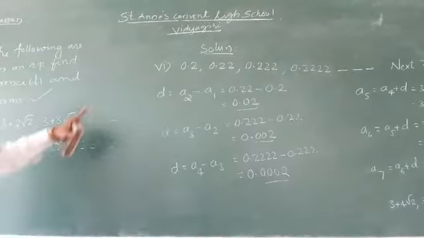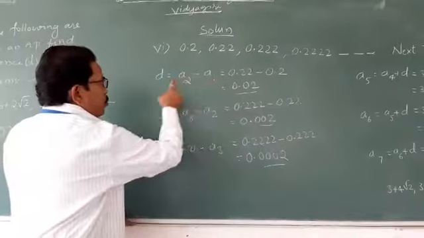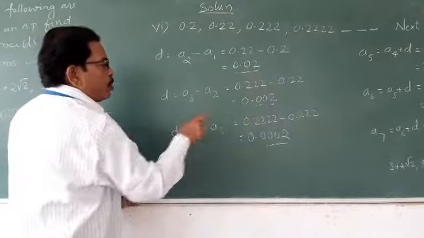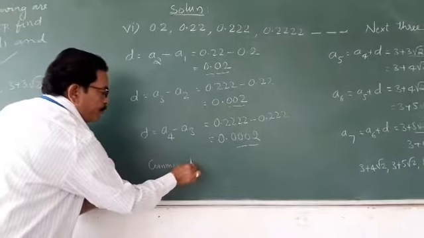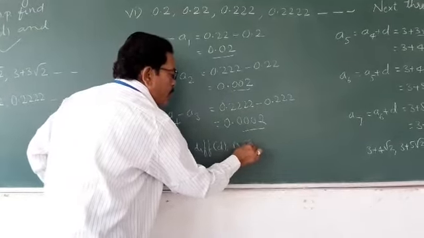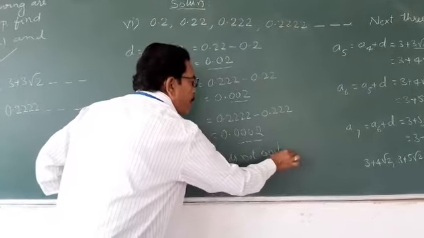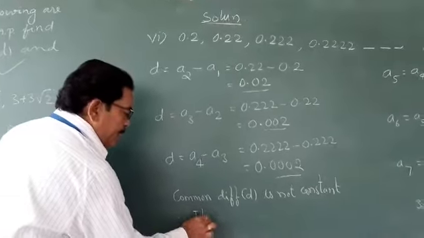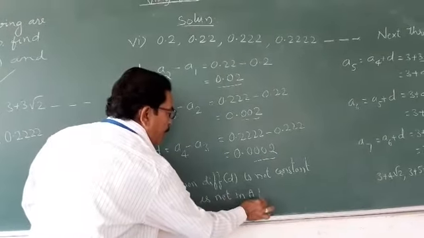See, by observing the common difference, we got different values: 0.02 in the first case, in the second case 0.002, in the third case 0.0002. The common difference is not constant, therefore it is not in AP.